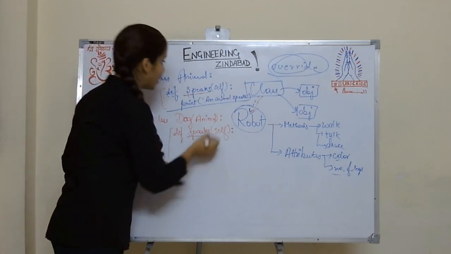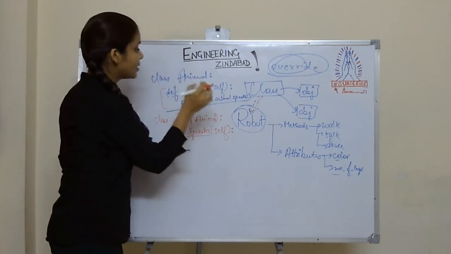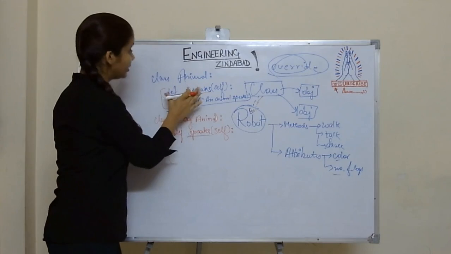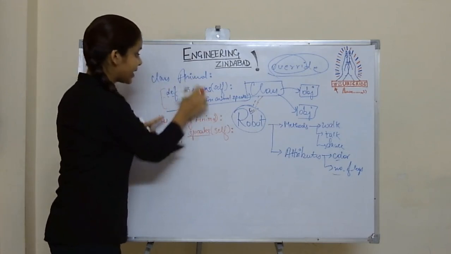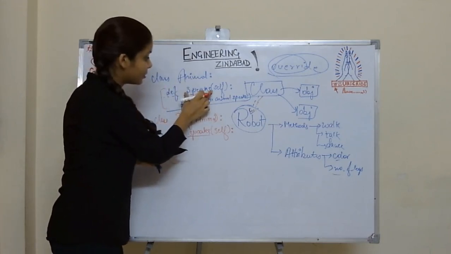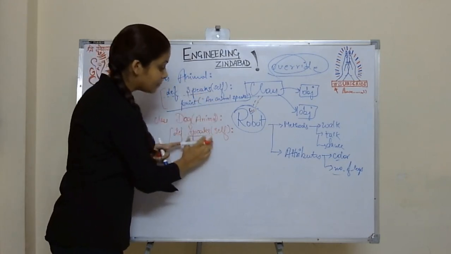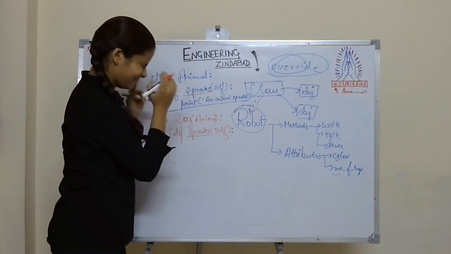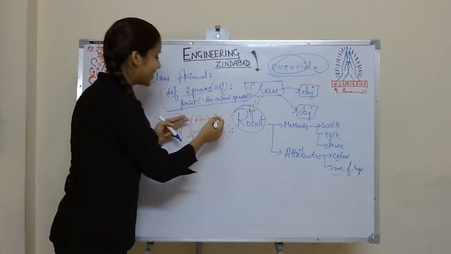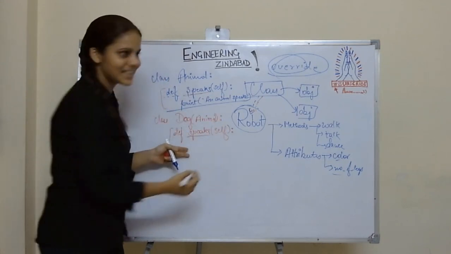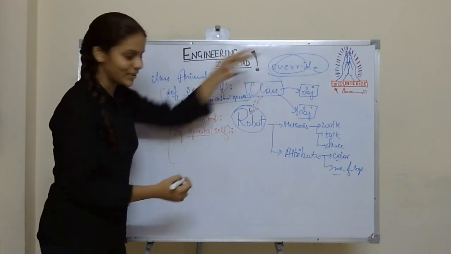When the superclass or parent class has some function, and a function with the same name is implemented in the child class, that is known as method overriding.